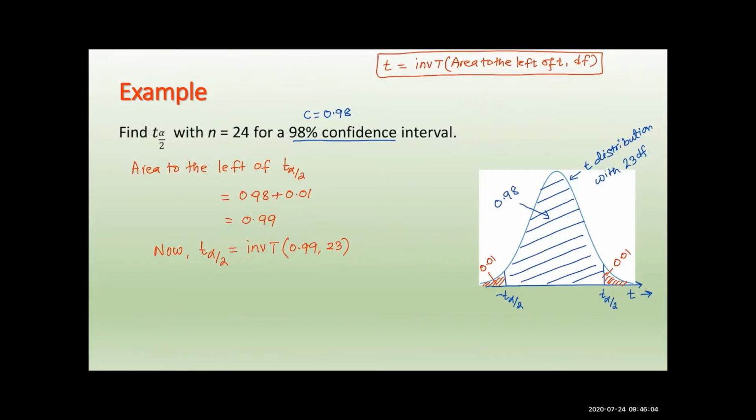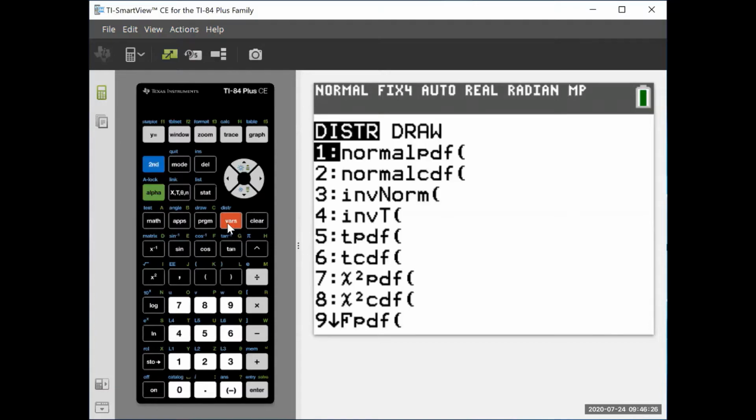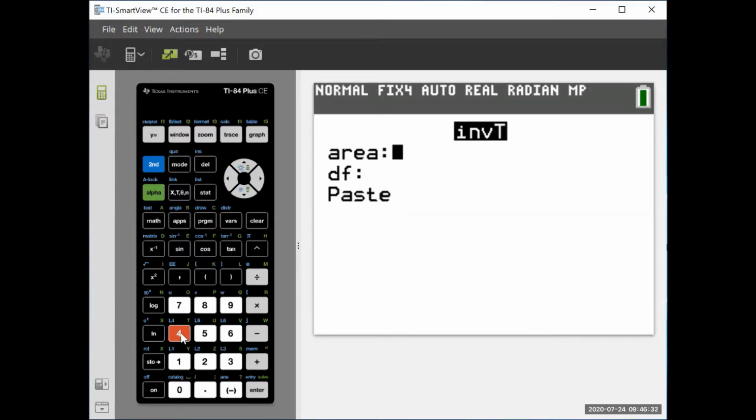Let me share my calculator now. In our TI-84 calculator, we go to second, then VARS, and in this case, we go to number 4 because that is inverse T. Number 4 is inverse T. You have to put the area to the left of T alpha over 2, and our area was 0.99.